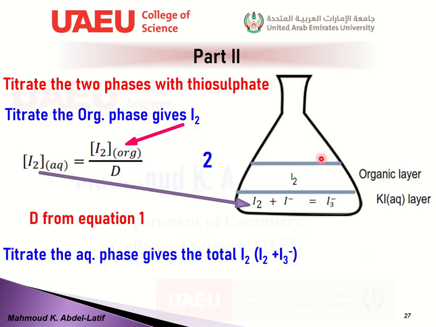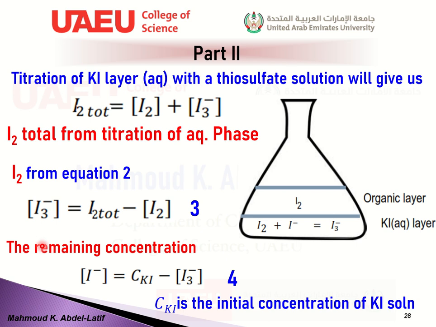In part 2, titrate the two phases with thiosulfate. Just we distribute iodine between cyclohexane and the potassium iodide. We have already got this value from equation number 1. We can determine the iodine in the aqueous one.